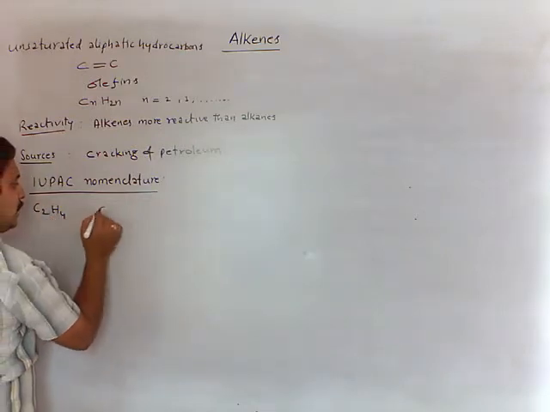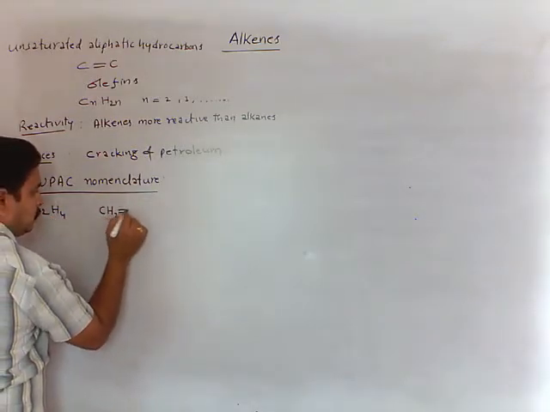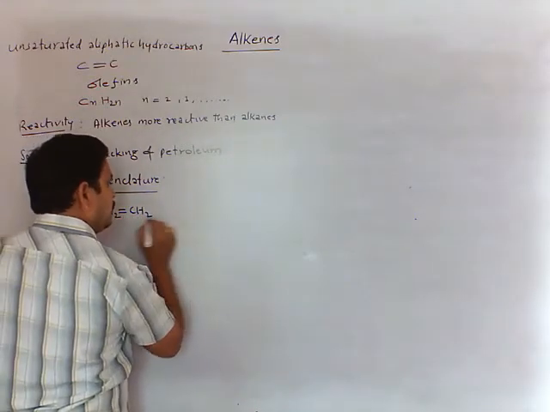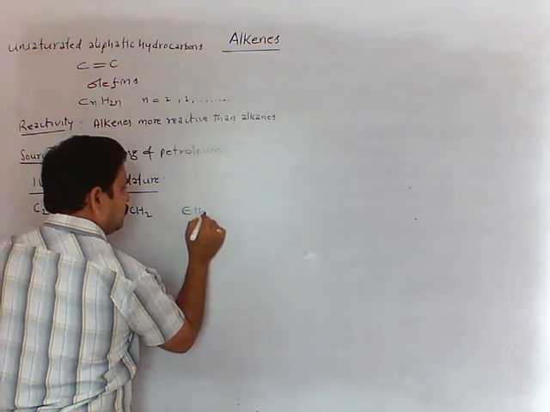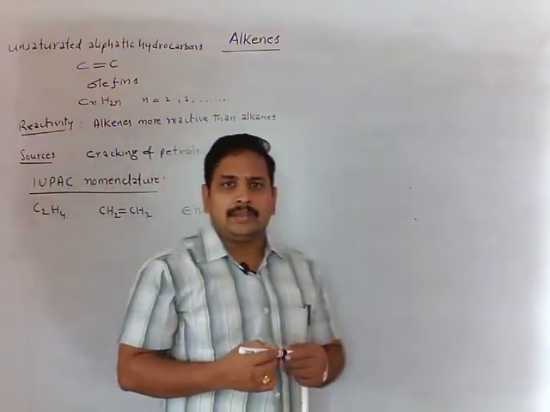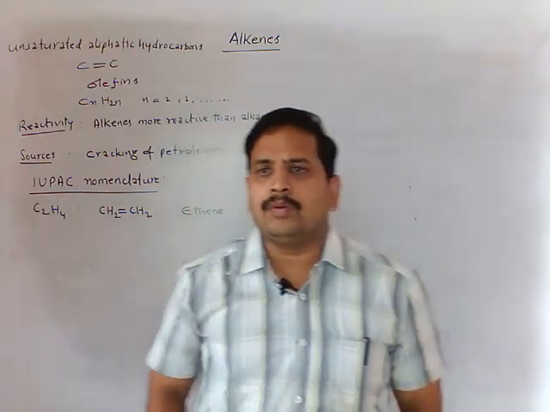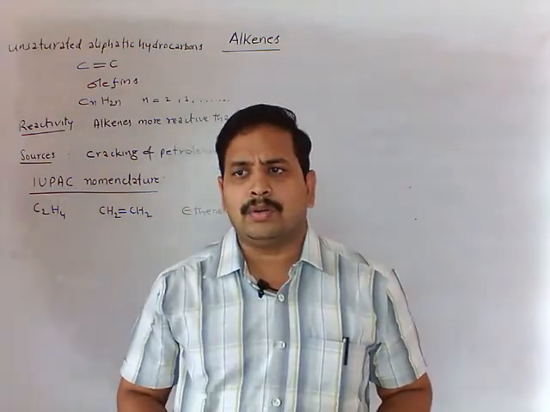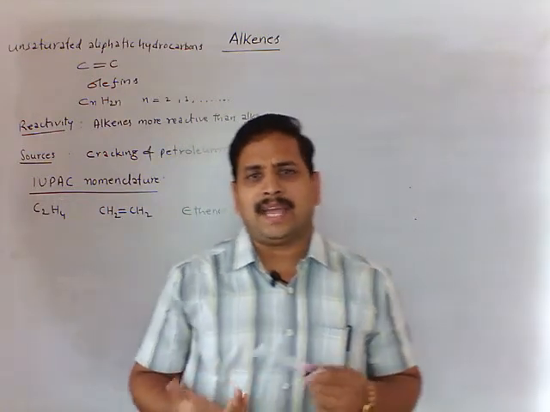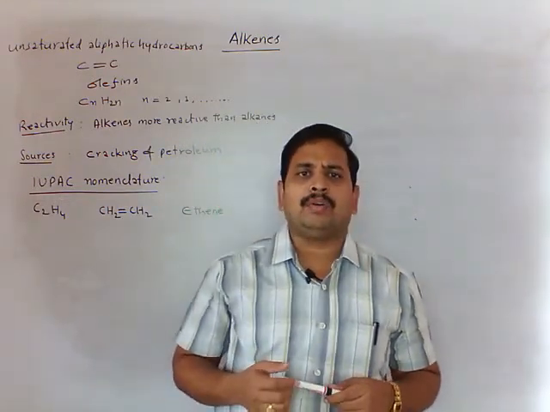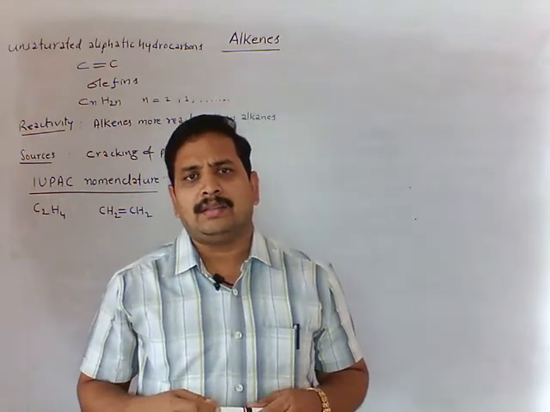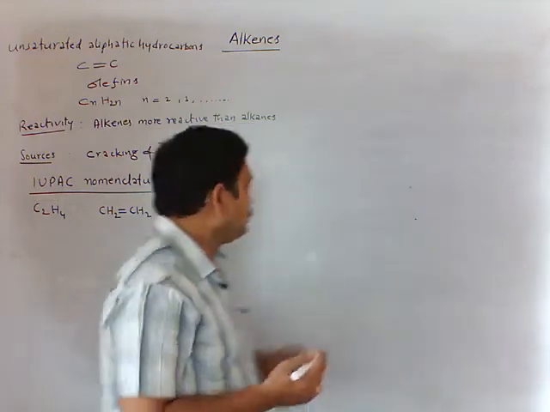Its structure is CH2 double bond CH2. Its name is ethene. 2 carbons eth, 3 carbons prop, 4 carbons but, 5 carbons pent, 6 carbons hex, 7 hept, 8 oct, 9 non, 10 dec. This is about root word.